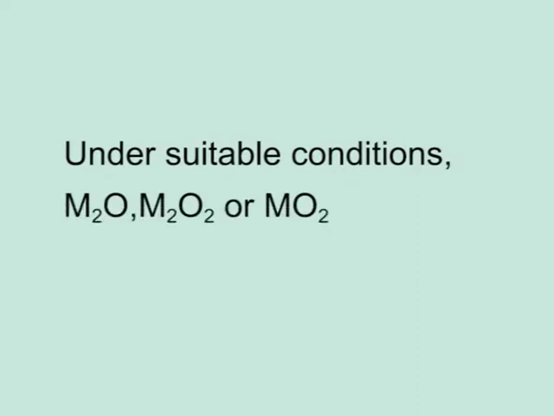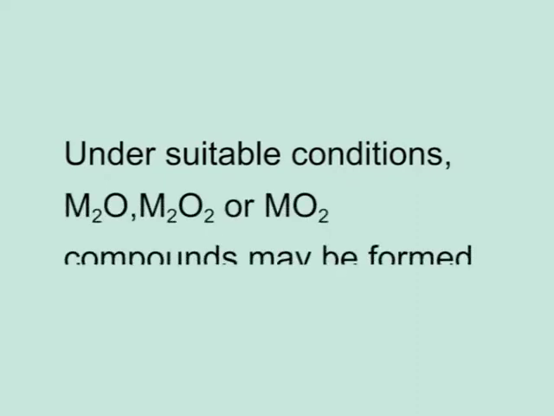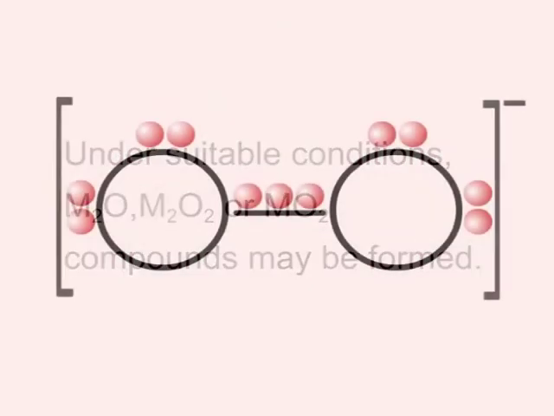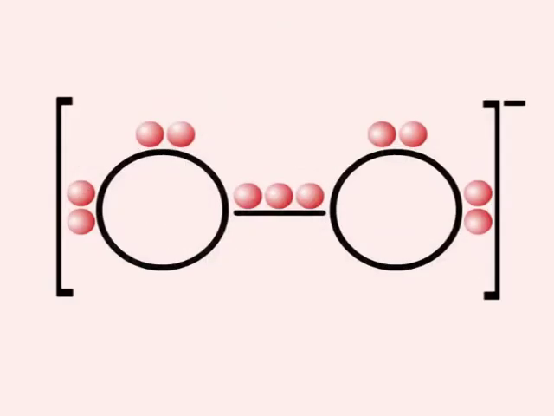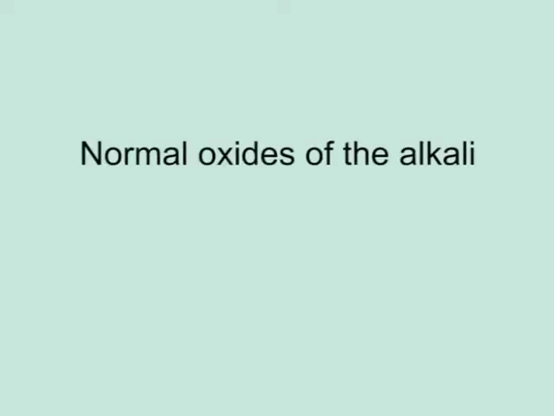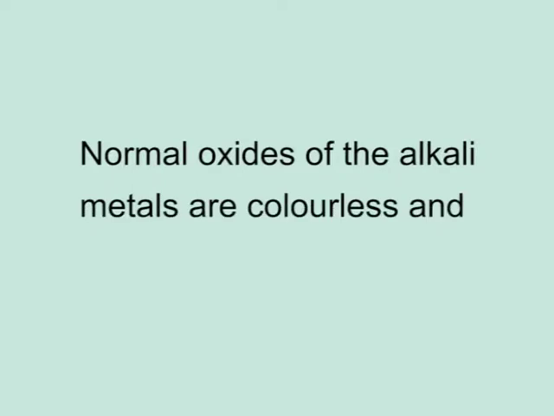Under suitable conditions, M2O, M2O2 or MO2 compounds may be formed. Superoxide ion has 3 electron bonds, so it has one unpaired electron which makes it colored and paramagnetic. Normal oxides of the alkali metals are colorless and diamagnetic.